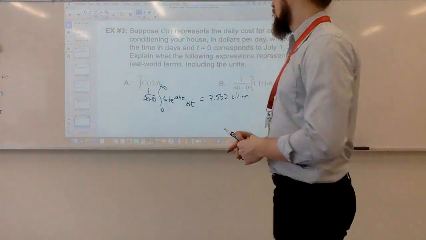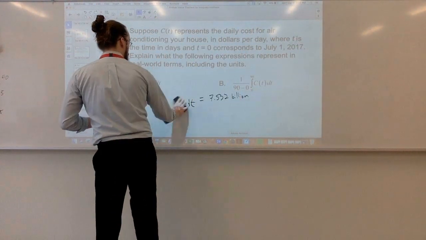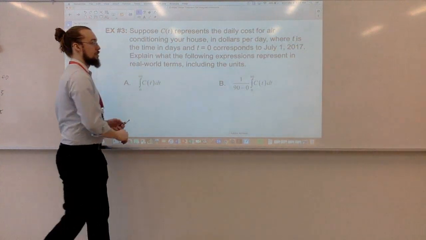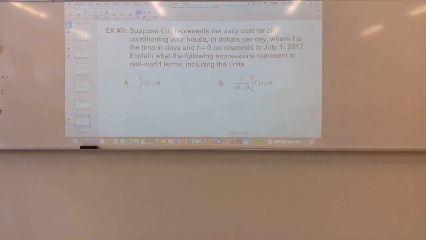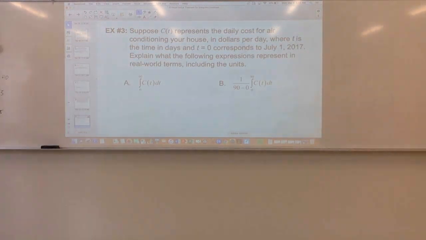All right, so let's take a look at this one. And in this example, all we're going to do is talk about what these two integrals would be. So C of t represents the daily cost for air conditioning in dollars per day, where t is the time in days, and t equals 0 corresponds to July 1st, 2017. Explain what these two expressions mean. So the first one is just the integral from 0 to 90 of C of t dt.